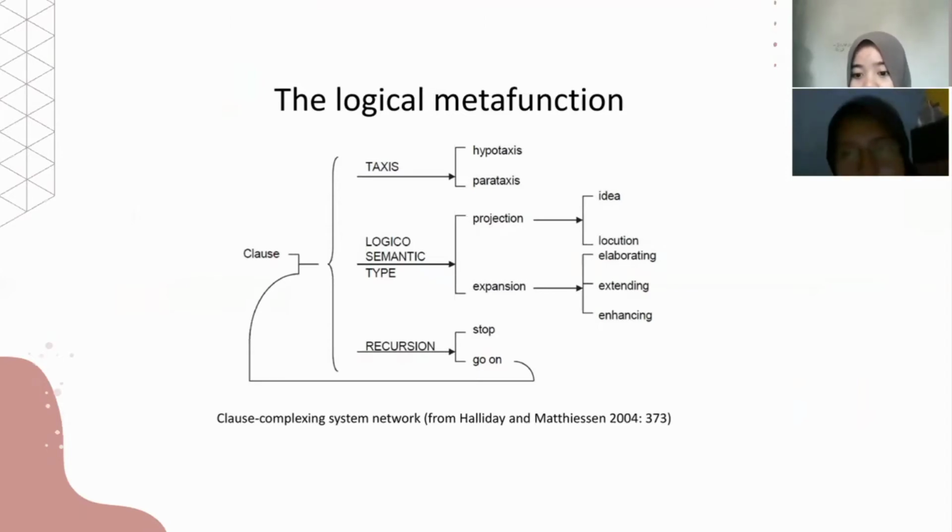They are set out in this diagram together with some more delicate subsystems that we'll discuss below. There is taxis. Taxis is the degree of interdependency. Then there is the logico-semantic relation. For the further explanation, it will be explained by my partner, Fania. Fania, the time is yours.